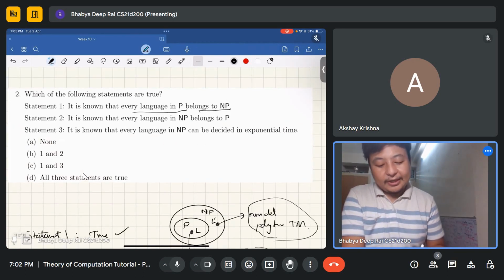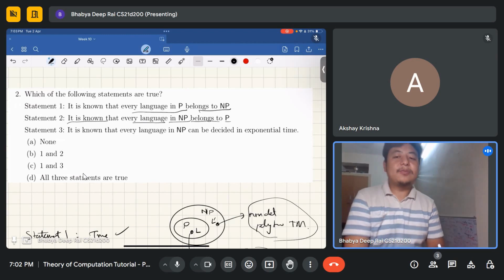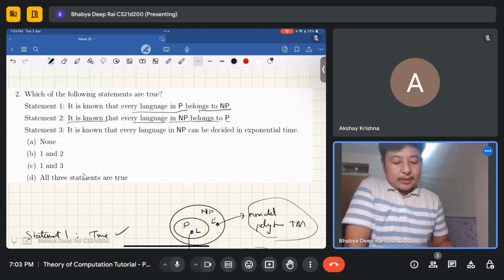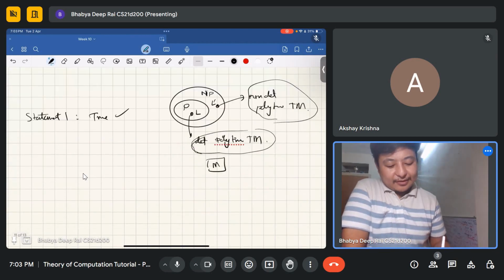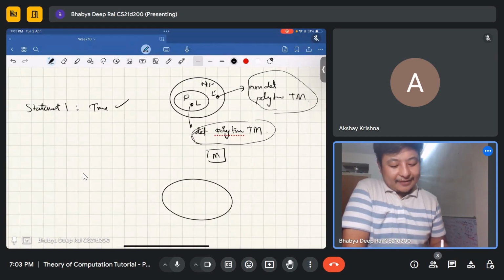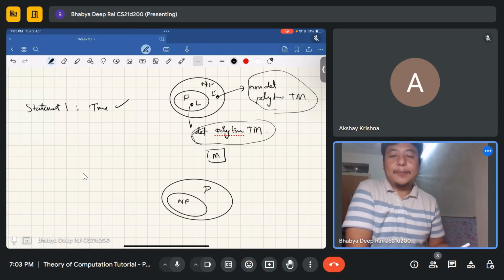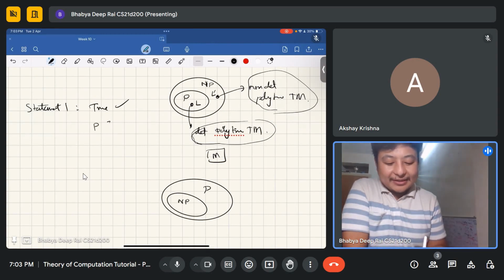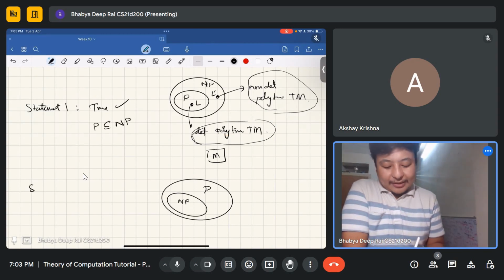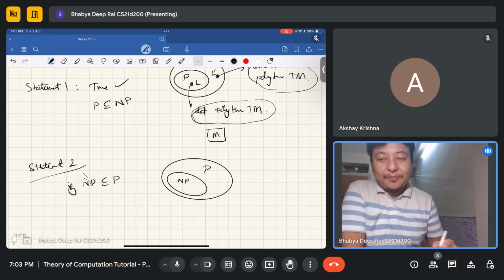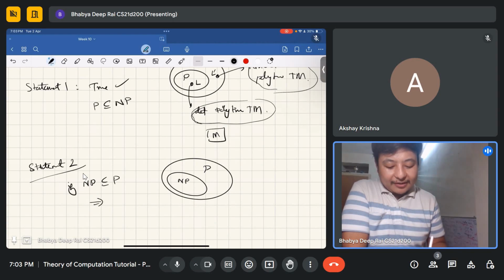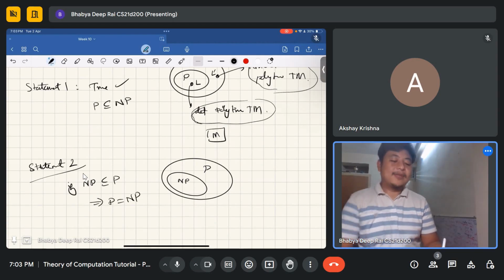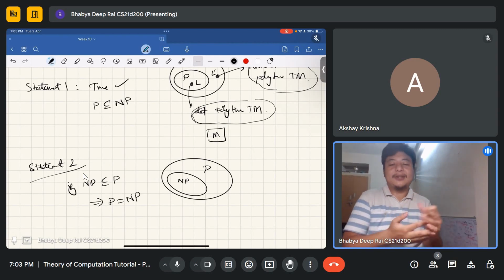Let's look at the other statement. It is known that every language in NP belongs to P. That is, NP is a subset of P, they are saying. But we already said that P is a subset of NP. If NP is a subset of P and it is already known that P is contained in NP, then it would mean that P is equal to NP, because two sets are subsets of each other if and only if they are equal.